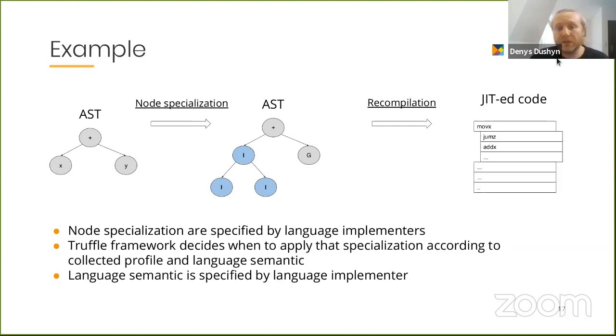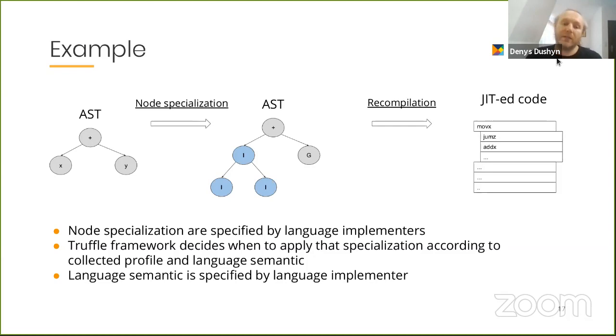For other operations, fall back to the default type using big integers. And then just recompile this abstract syntax tree. Graal and the Truffle framework may periodically, during the program execution, find more and more useful information during profiling and do node specializations and recompilation.